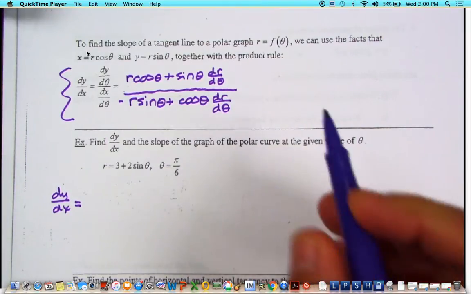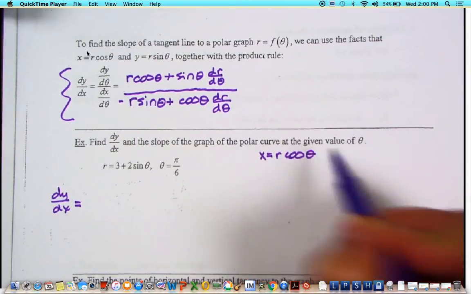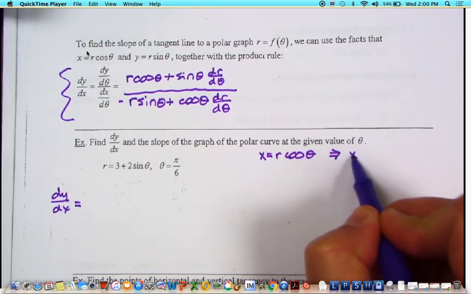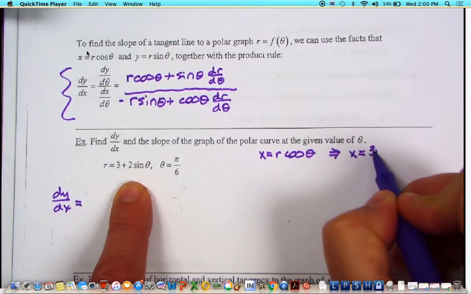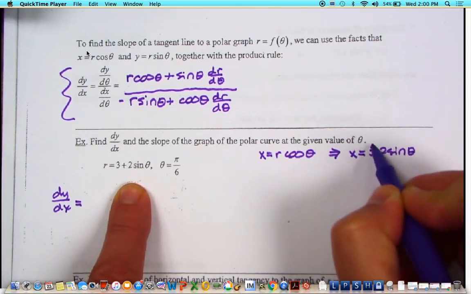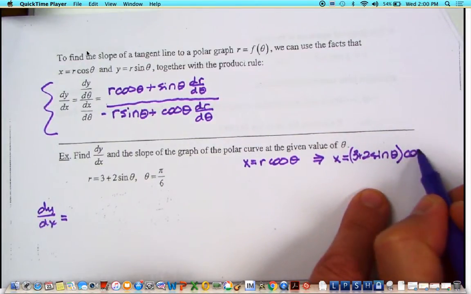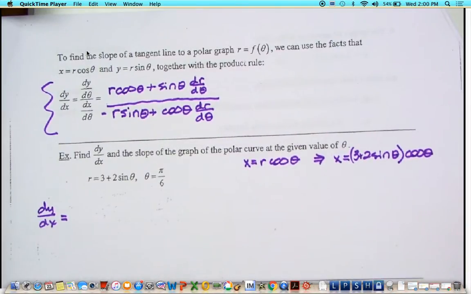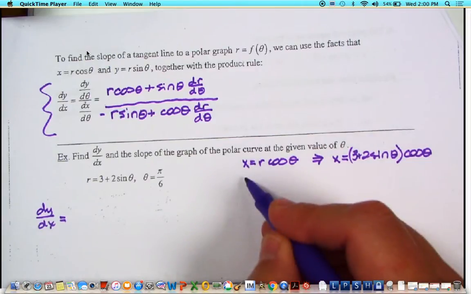Here's what I know. I know that x is equal to r cosine theta. So x is equal to, what's r? 3 plus 2 sine theta, times cosine theta.